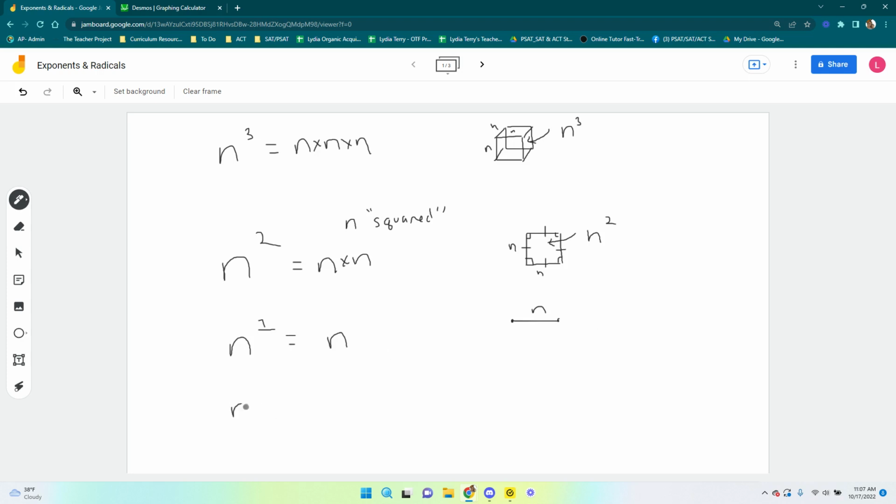What about n to the 0 power? You probably know that this is 1, but I want you to think about why. Why is that 1? Well, let's think about it. As we go up in powers, we're multiplying by n. As we go down in powers, we're dividing by n.